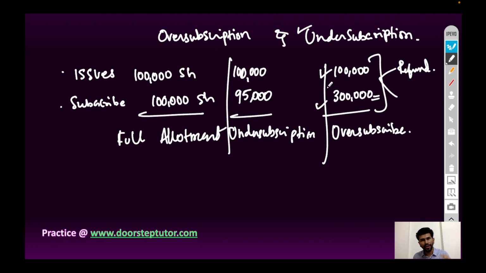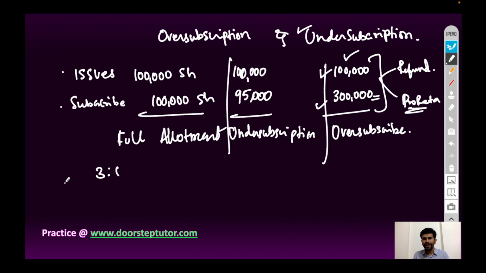So company can refund the amount of 2 lakh applications and continue the allotment to the 1 lakh number of shares. Or company can adjust the money in allotment of shares by giving shares on pro rata basis, proportionate basis. It means those who have applied for 3 shares will be given only 1 share.